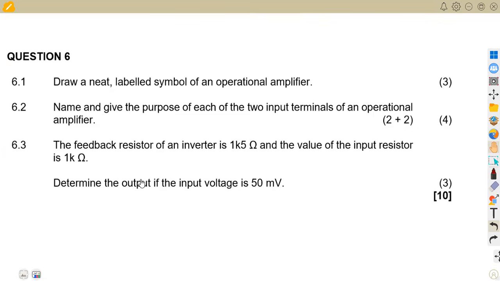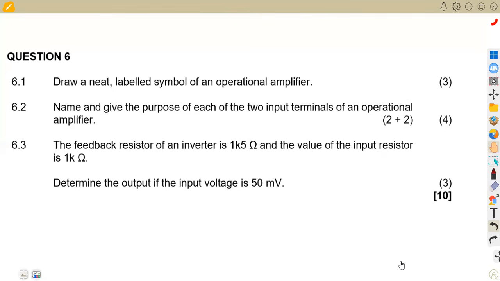This is from the question paper of August 2022. Before I talk about this, let me show you, because I have this sketch somewhere. I'm just going to show you here. All right, so this is the one.